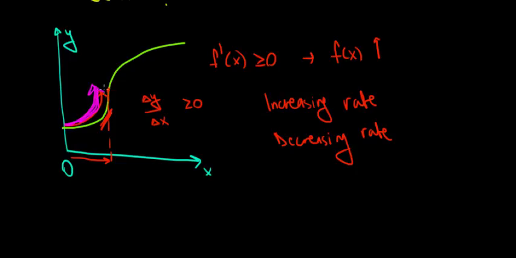Now, to understand this concept better, let's compare this part of the graph with the next part of the graph, so we understand what it means to increase at a decreasing rate. So what if we take the range from here until this point? Again, x takes higher and higher values, so we move along the x-axis. What happens to y?